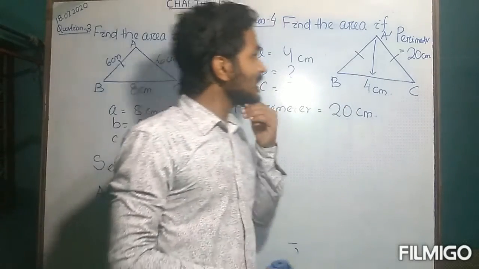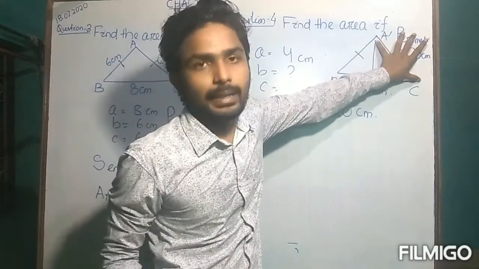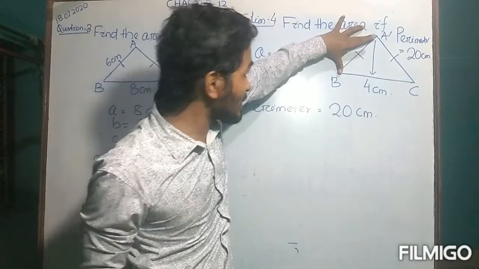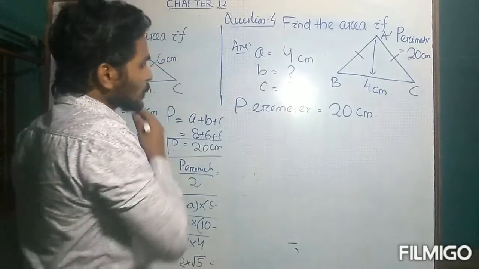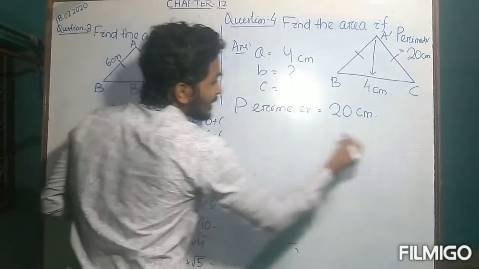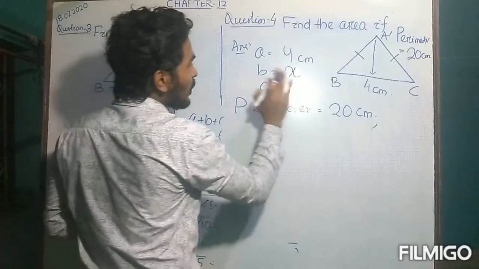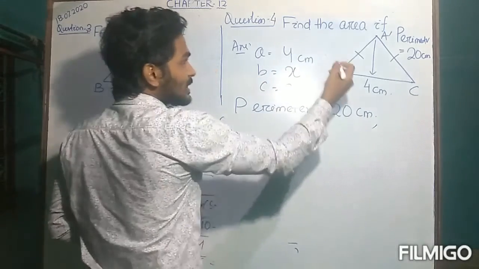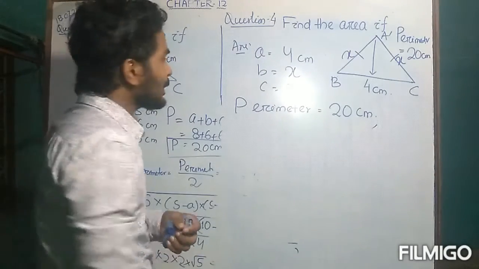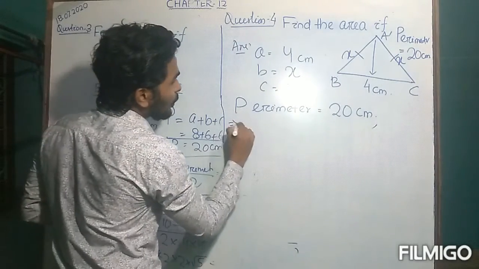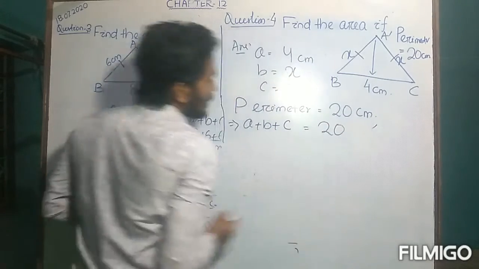Okay. Now since it is an isosceles triangle, this side must be equal to this side, or you can say small c is equal to small b. Suppose let small b be x. And what is the value of small c? It is also x, because it is an isosceles triangle. As we know, the formula of perimeter is a plus b plus c is equal to 20.